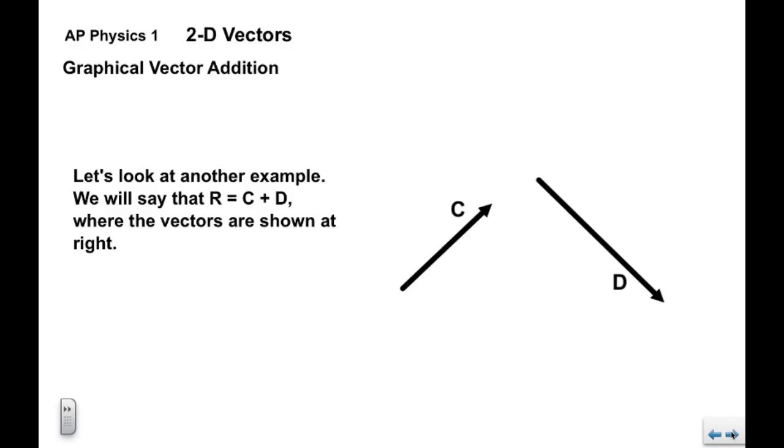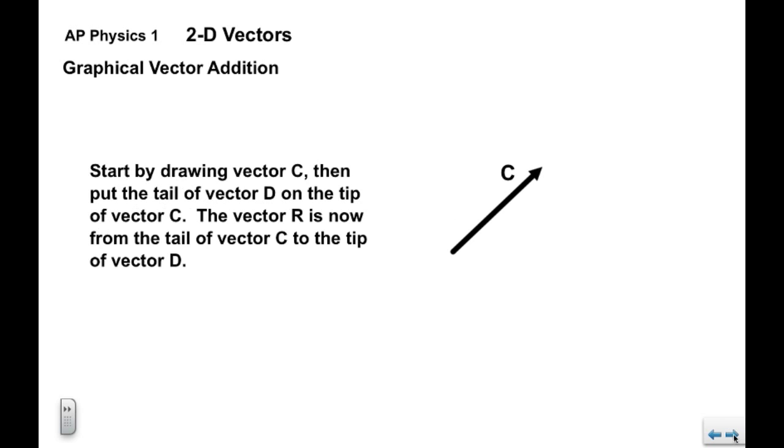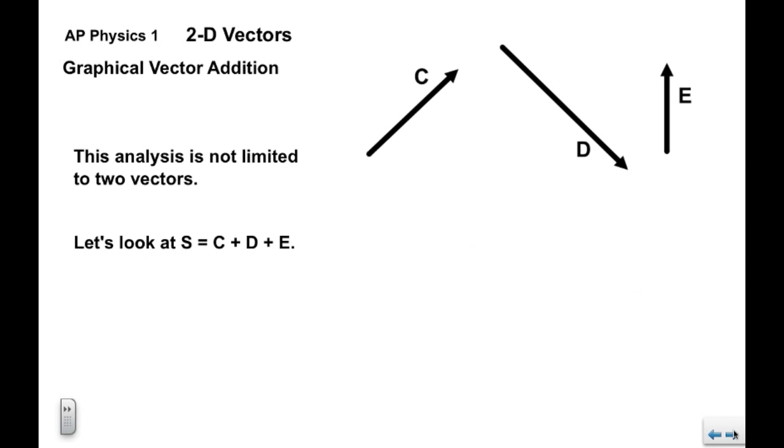Look at another example. We have vectors C and D. We're going to say that the result equals C plus D. We start with vector C, and then we put the tail of vector D on the tip of vector C, draw vector D, and there's my result. This method is not limited to only 2 vectors.